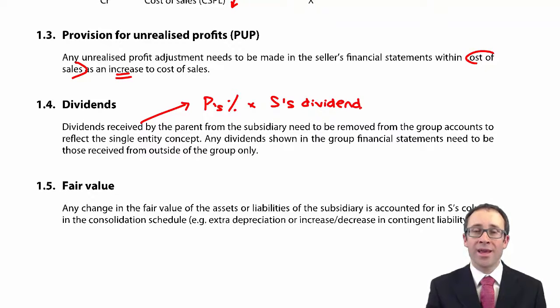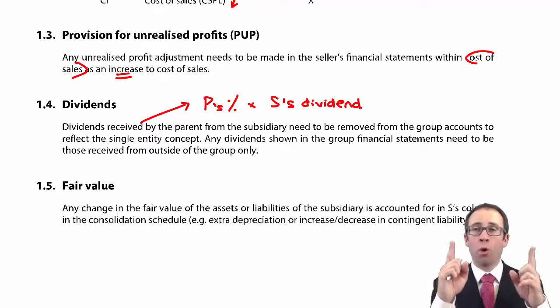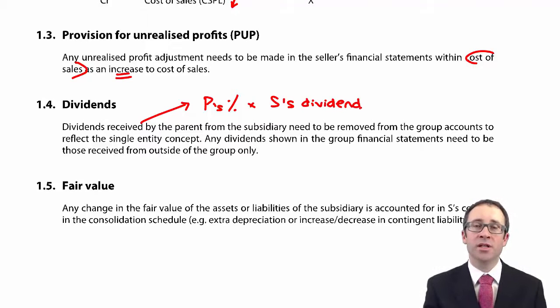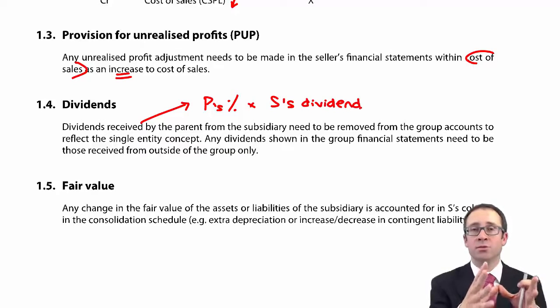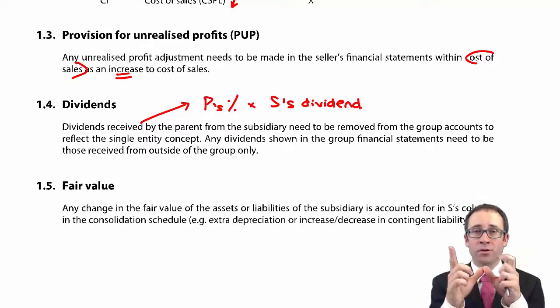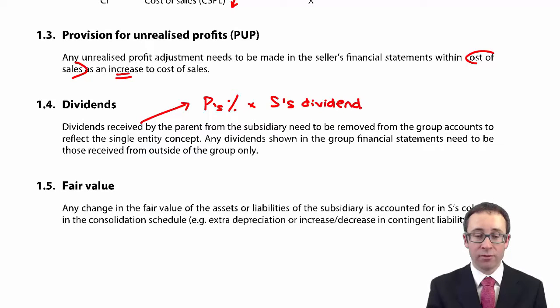Just be aware here that in the statement of profit or loss, we need to make sure that it is just 1 year that we adjust for on the additional depreciation on the fair value adjustment. So just be careful. If we bought the subsidiary 3 years ago, on the SFP, there will be 3 years accumulated depreciation to adjust for, but in profit or loss, we only take 1 year. Okay, so do just be careful.